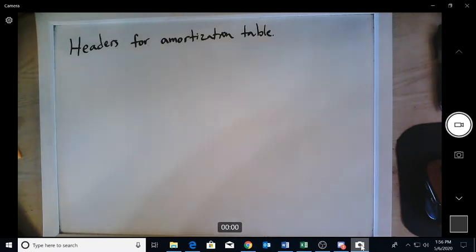Again, we call it an amortization table if it's for borrowing, paying back a loan.